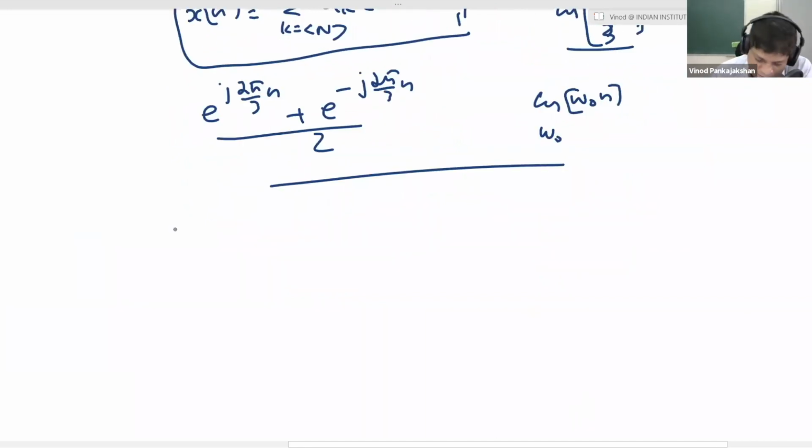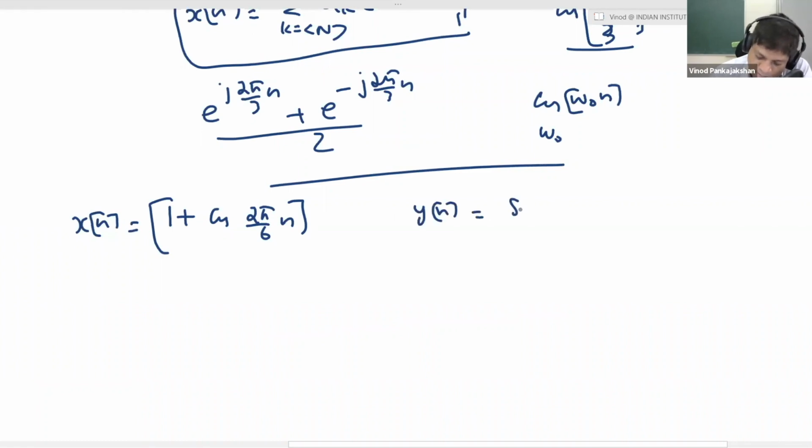Let us consider two signals. The first signal is 1 plus cos 2 pi by 6 n, and the second signal, y of n, is sine 2 pi by 6 n.